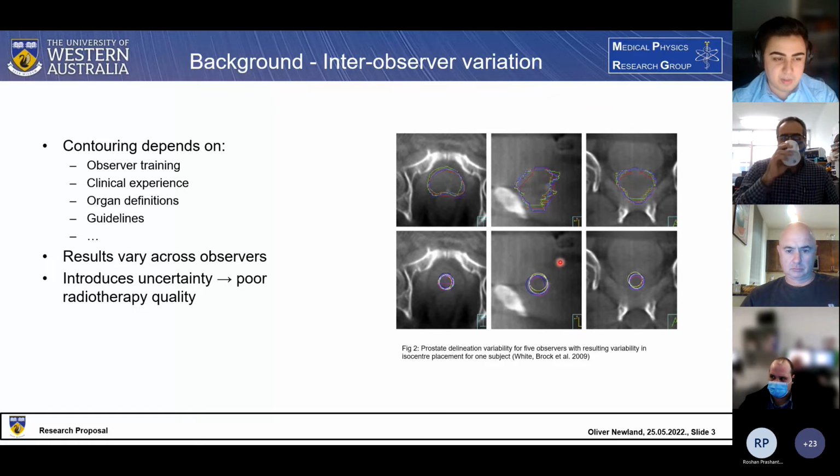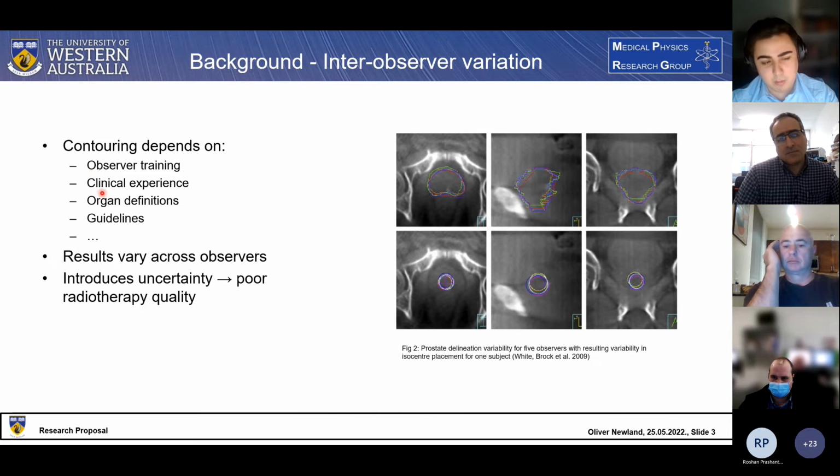Since that's a manual process, there are a lot of factors which can influence the contouring. These can include observer training, their clinical experience, and also whether or not they've received clear organ definitions or guidelines.